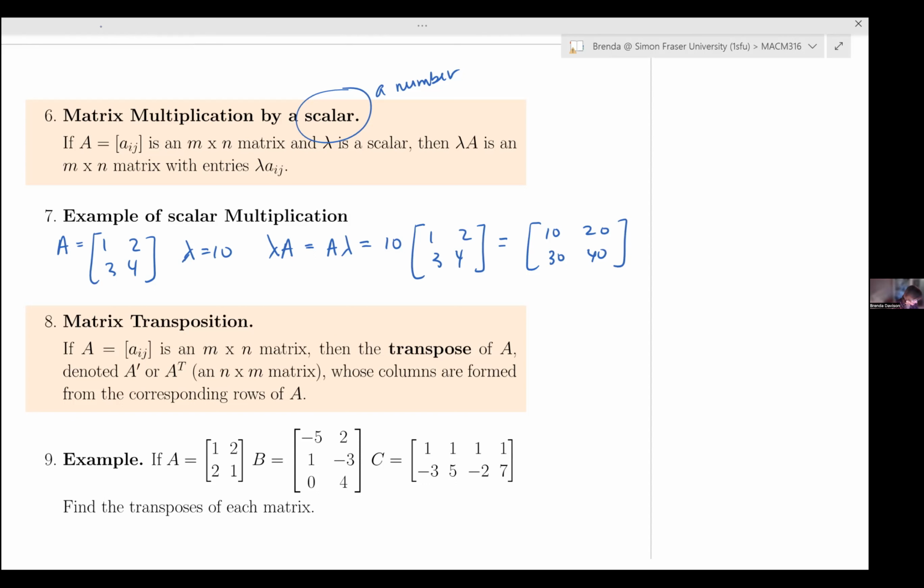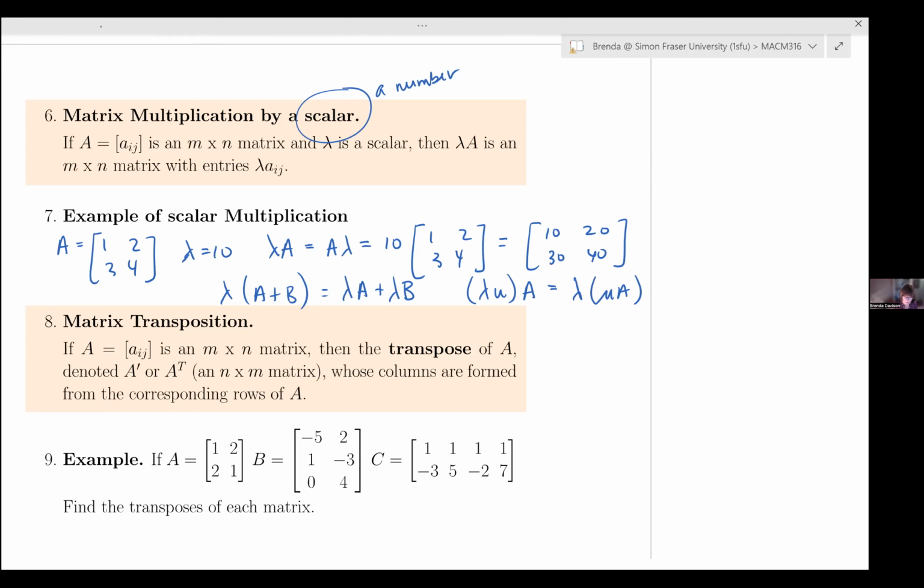I will just note that scalar multiplication distributes. So that means if I have lambda times the sum of A and B, that will be the same as lambda times A plus lambda times B. If we have this case, two scalars like that, that is the same as lambda mu A. Like that.